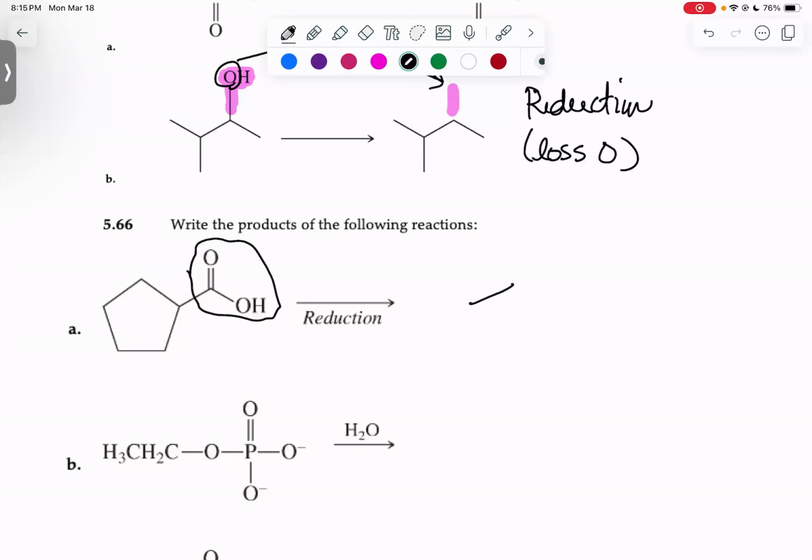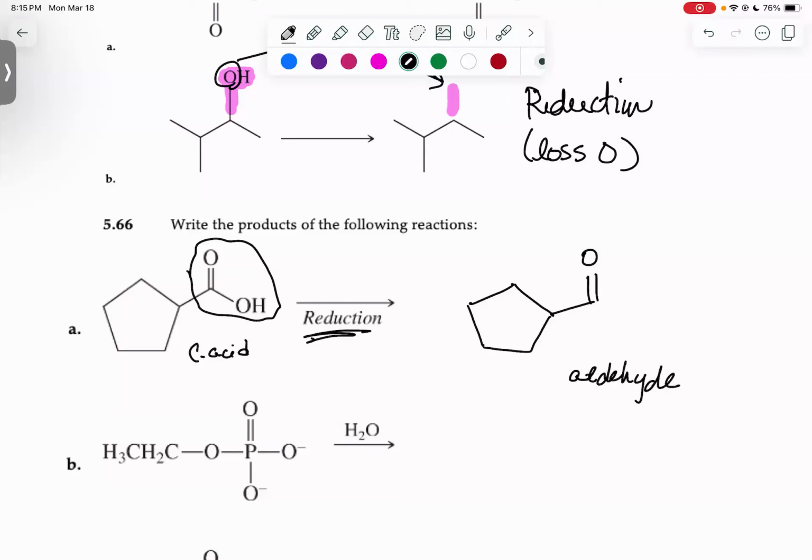So basically, I can still draw my ring over here. And that's not going to change. What's going to change is the functional group. So here, I'm still going to keep my carbonyl, but I'm going from a carboxylic acid in a reduction to what? An aldehyde.